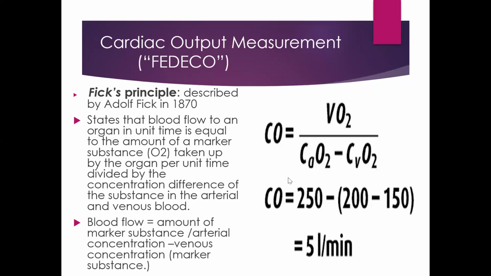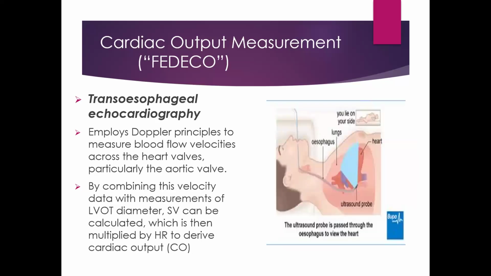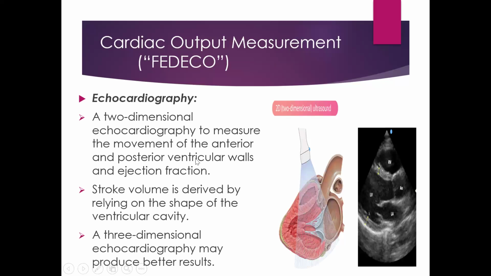The second method of cardiac output measurement is echocardiography, which can be two-dimensional or three-dimensional echocardiography, or you can actually use transesophageal echocardiography. All right, this is a parasternal long axis view.